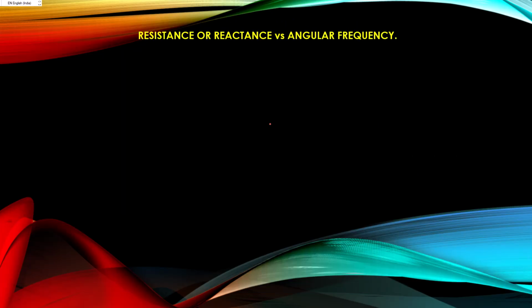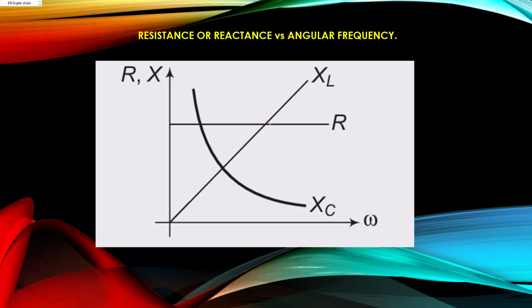Now resistance or reactance versus angular frequency. This graph tells everything about AC circuit. The horizontal axis represents angular frequency. When we increase angular frequency, there is no change of resistance. So in resistive circuits, there is no change with change in angular frequency.